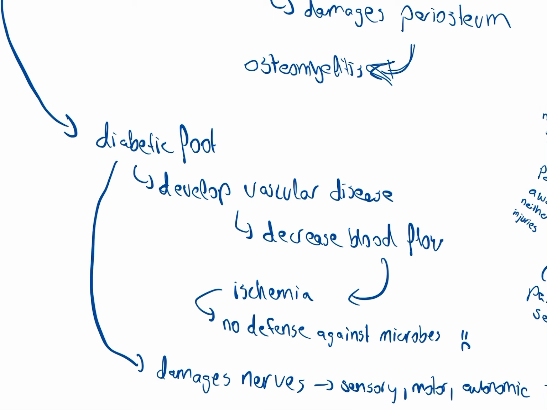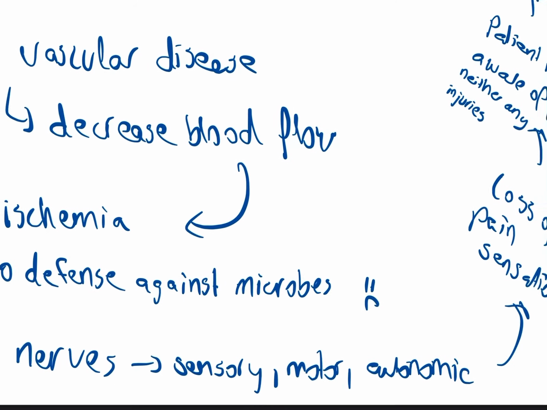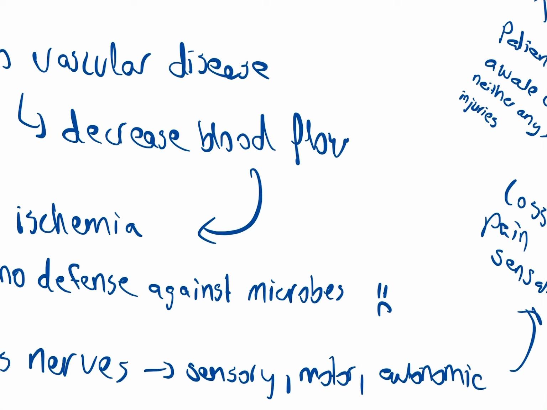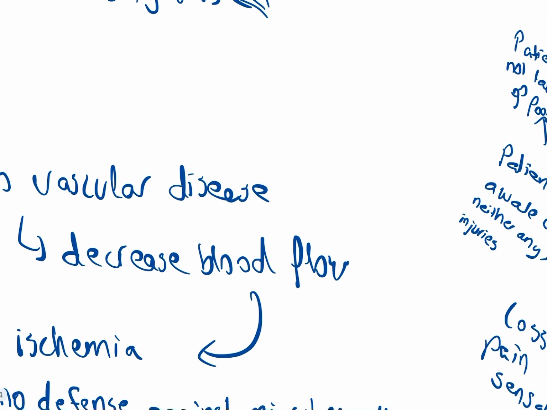Another way a diabetic foot can lead to this is by damaging the nerves, the sensory motor nerves and the autonomic nerves. If these nerves are damaged, it can lead to loss of pain sensation, so the patient is not aware of the foot, nor of any injuries that happen to the foot itself.